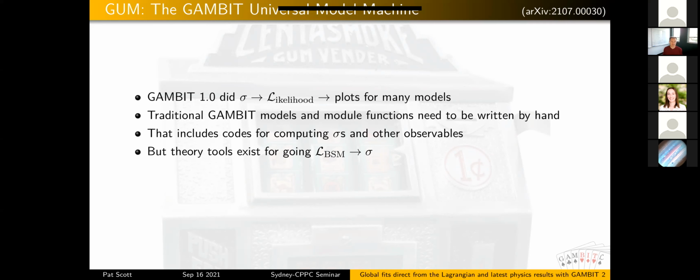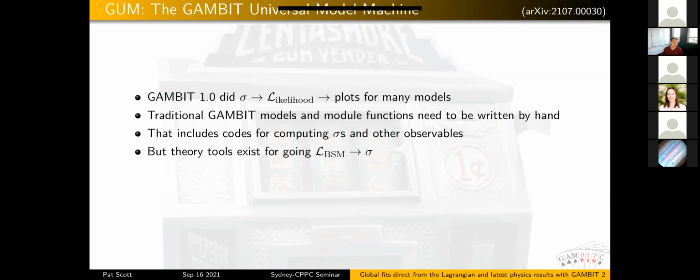But there's a whole ecosystem of theory tools that are really based on going from the Lagrangian to matrix elements and generating code for theory calculations of observables. The first version of GAMBIT was really doing the bottom end of this calculation, and pretty much nothing existed for doing this in a generic way before.